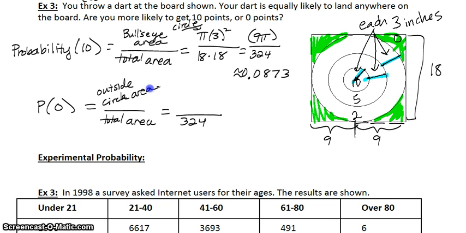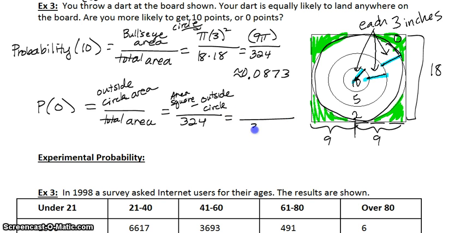And here's where it gets a little tricky. Think of it like a donut hole that I have to subtract off. So I'm going to take the square area and subtract off this big circle. If I take the big square area and subtract off the circle, what I'm left with is the outside edges. So in words, I'm going to take the area of the square and subtract off the full circle, so the outside circle.